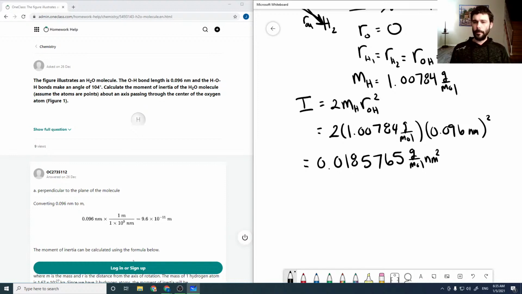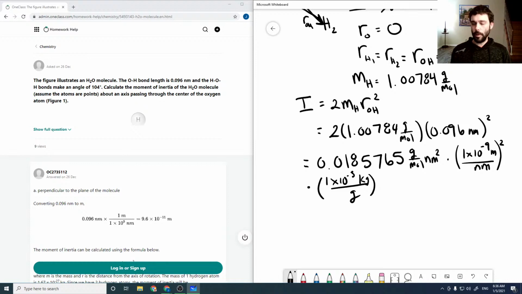So typically a moment of inertia is in kilograms meters squared, so I'm just going to convert it. To convert from nanometers to meters, we need this factor: 1 times 10 to the minus 9 meters per nanometer. And then to convert the grams to kilograms, we also need to multiply by 1 times 10 to the minus 3 kilograms per gram.